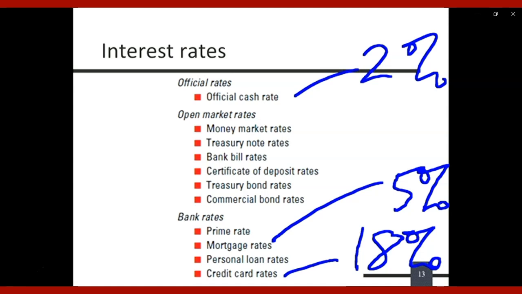There's a bit of interest added on top to compensate for that risk, until we get to the credit card rates, which is the most risky kind of loan that banks can offer. And so they charge the highest interest rate for that to compensate them for their risk and to make profit as well. Of course, there's making profit all the way through.